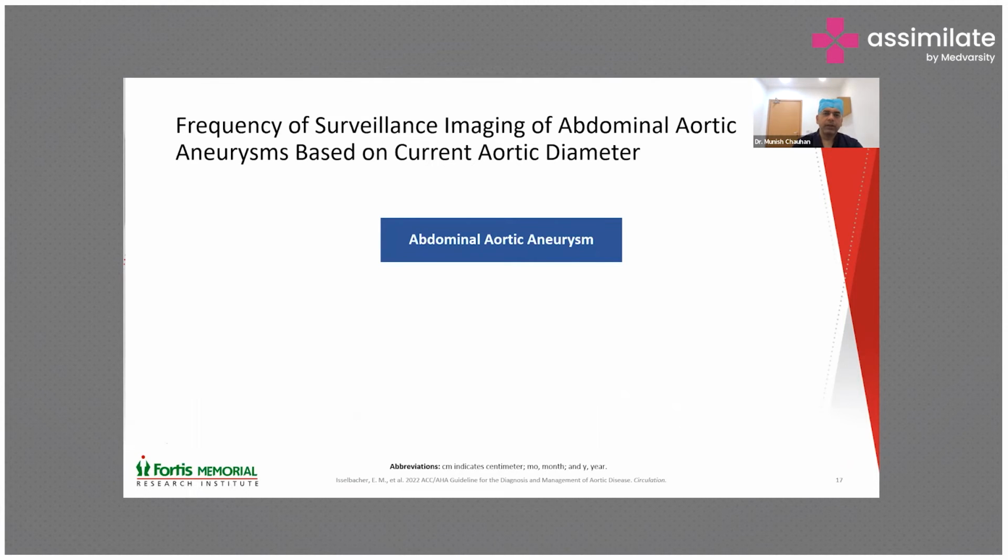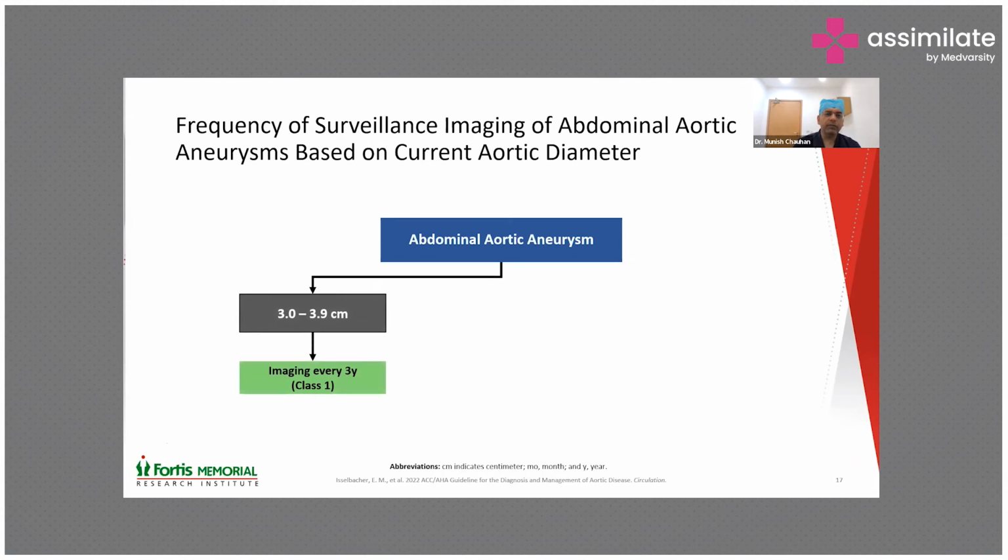As we discussed a couple of slides back, surveillance is the major factor which leads to diagnosis, because like atherosclerosis and diabetes, it is a silent disease. If we have diagnosed a patient and the maximum diameter is less than 4 centimeters, we can go for three-yearly imaging.